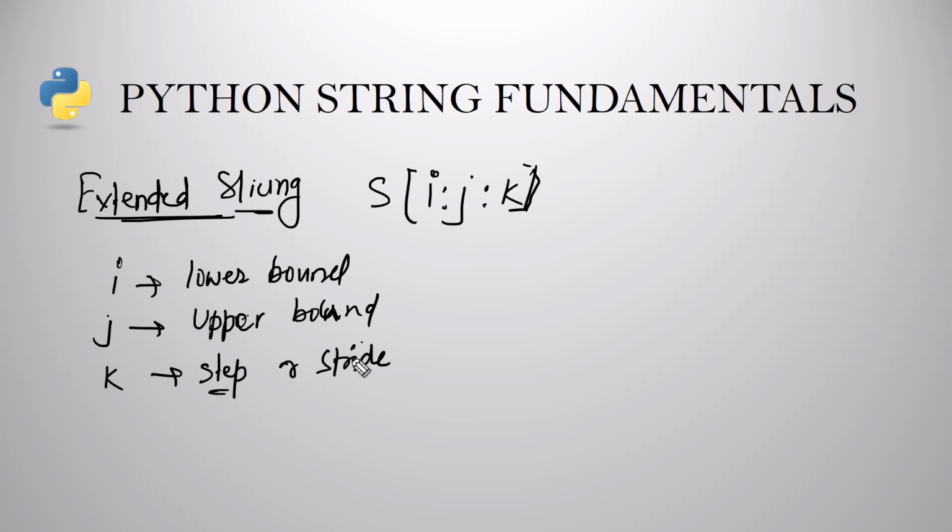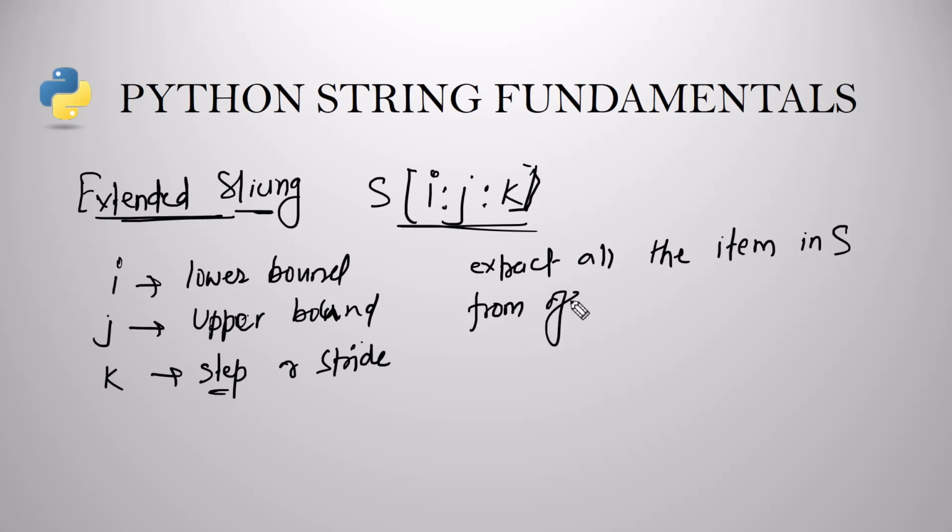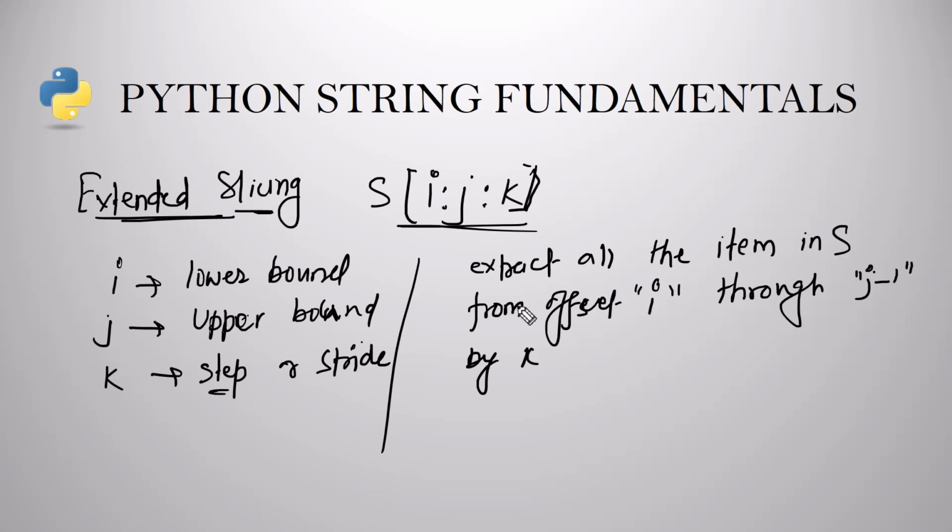So when we give this expression, it means extract all the items in S from offset i through j-1 by k. Here you can also use a negative stride to collect items in the opposite order.